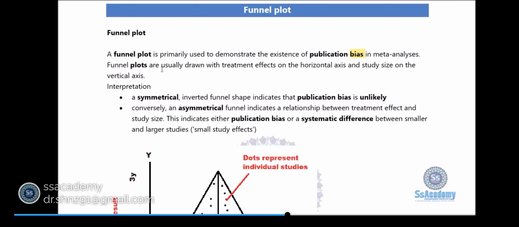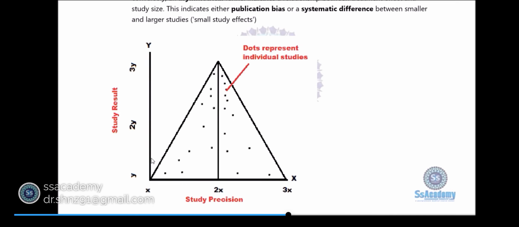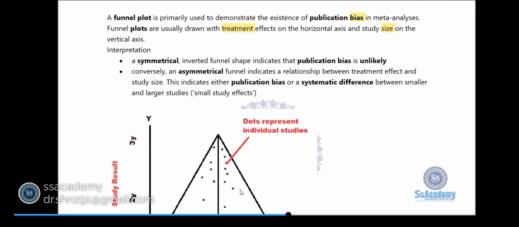Funnel plots are usually drawn with the treatment effects on the horizontal axis and the study size on the vertical axis. So on the y-axis is the study result, and on the x-axis the treatment effects.